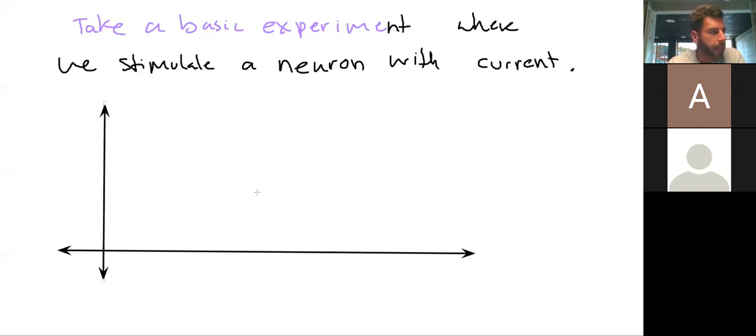And I imagine that the vertical axis is my V, my potential difference, if you will. Well, let's not write voltage. Let's just write V. We don't want to use too many confusing words because we're not defining them yet. And of course, this is time.